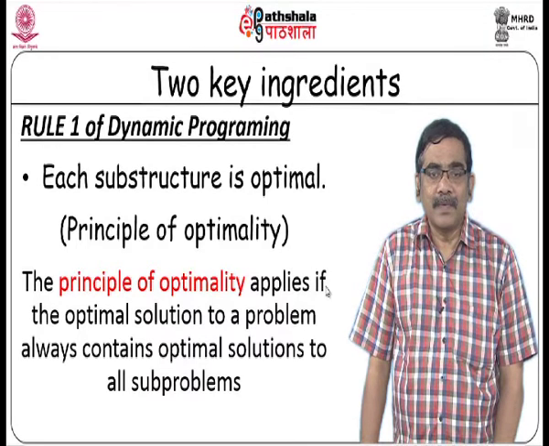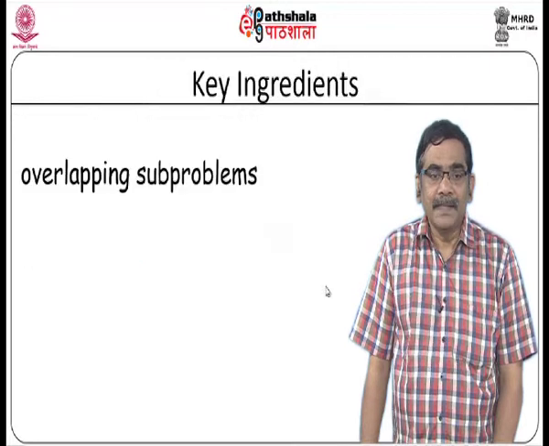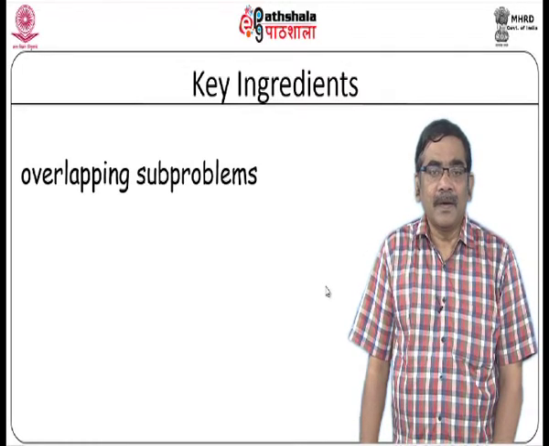Second ingredient is, as I discussed earlier, the problems involved in dynamic programming are overlapping in nature. If the problems are independent of each other, then we would prefer to apply the divide and conquer strategy, but if the problems are overlapping in nature, then we will go for dynamic programming.